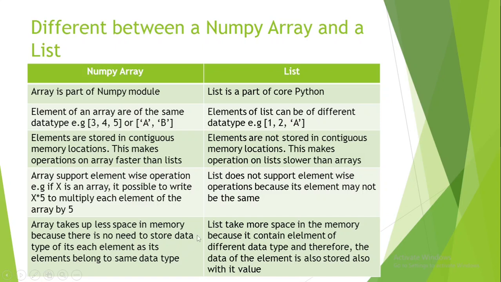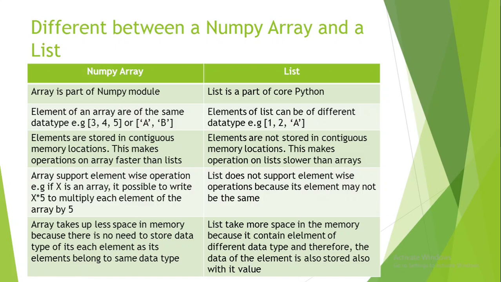But coming to a list, where we have 1, 2, and A, it has to store that index 0, which is 1, is an integer, index 1, which is 2, is an integer, while index 2, which is A, is a string. It has to store this specifically for each element in the list. So the list takes more space in memory because it contains elements of different data types, and therefore the data type of the element is also stored along with its value.